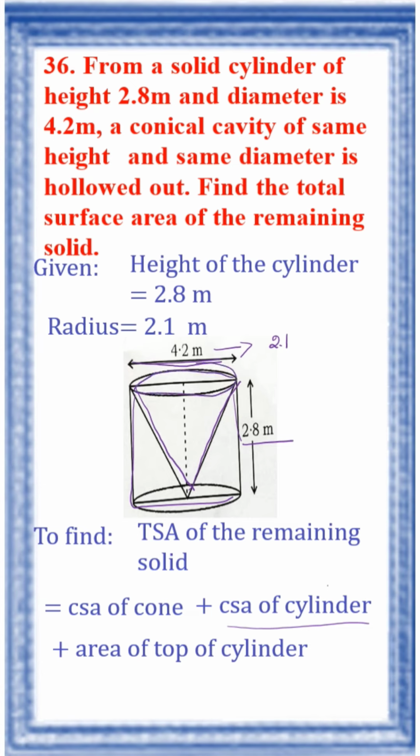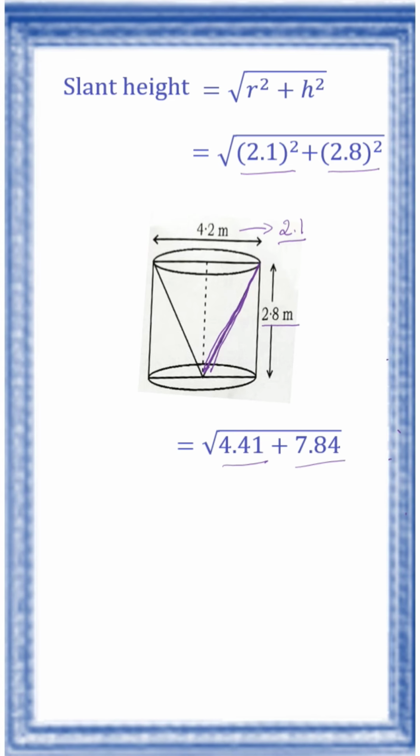So that is equal to square root of 2.1 square plus 2.8 square. That is equal to 2.1 square is 4.41, 2.8 square is 7.84. If you add these two, you will get square root of 12.25. That is equal to 3.5. So slant height L is 3.5 meter.